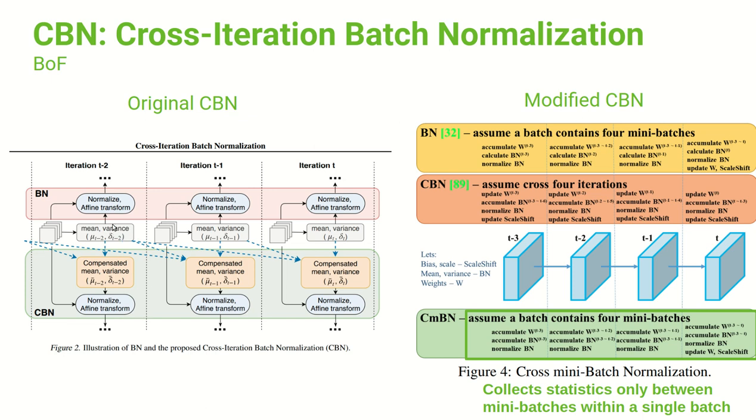And in this work, the most critical assumption is Taylor expansion, because you cannot simply add the means and variance from the previous iteration. The author observed that the weights across the different iterations change quite smoothly.